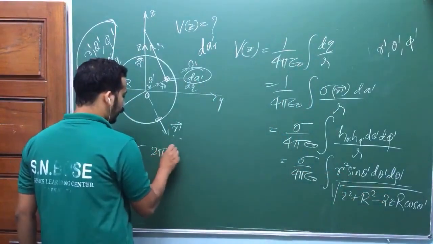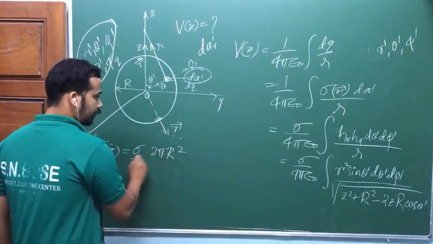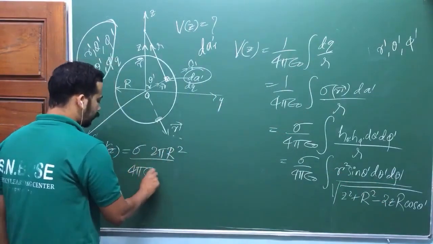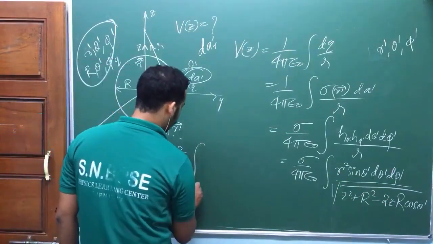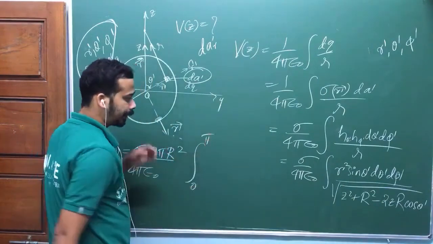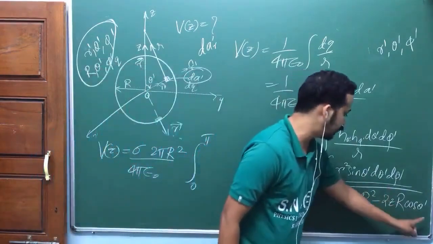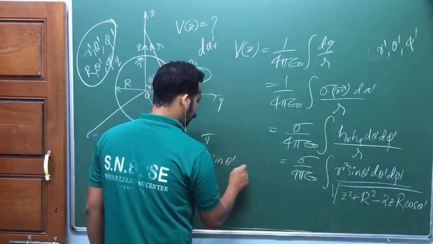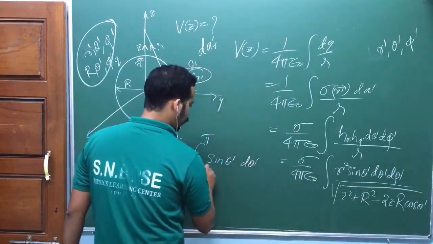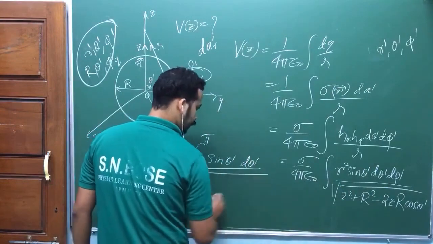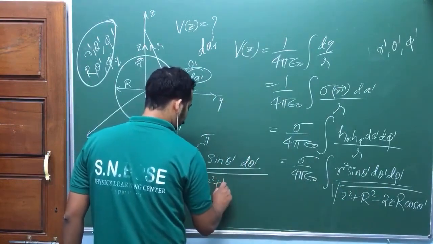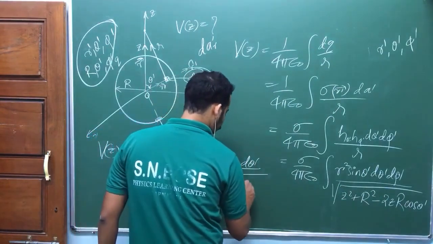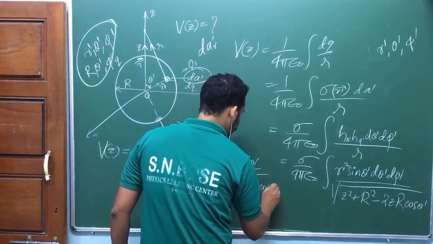So 2 pi R square, okay, divided by 4 pi epsilon naught. This will come outside. Integral 0 to pi, am I right? Theta prime will run from 0 to pi. Sin theta prime d theta prime, whole divided by root of z square plus R square minus 2 z R cos theta prime.